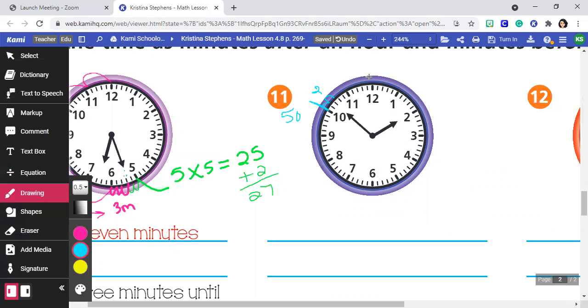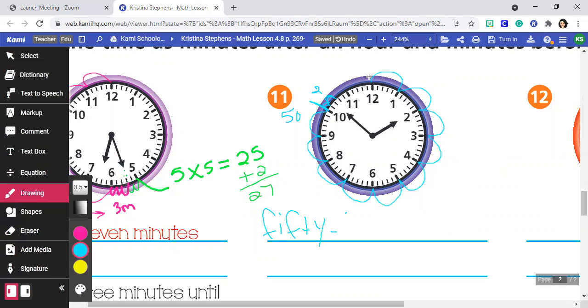If I started here at the beginning, 5, 10, 15, 20, 25, 30, 35, 40, 45, 50, 51, 52. So how many minutes after the hour is it? It's 52. So I'm going to write that.